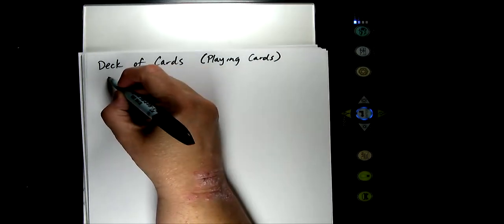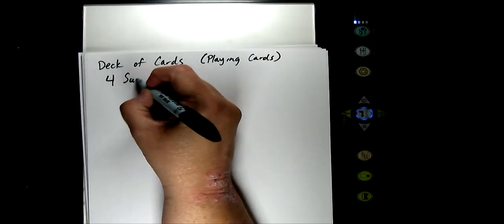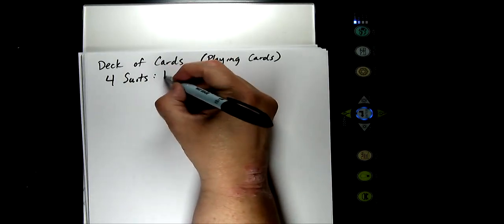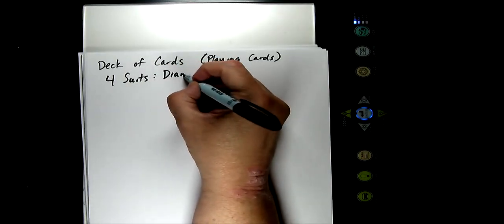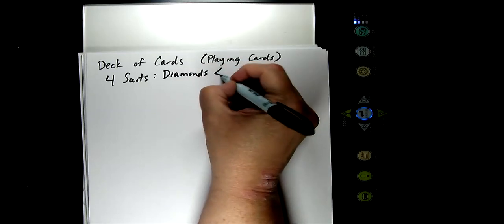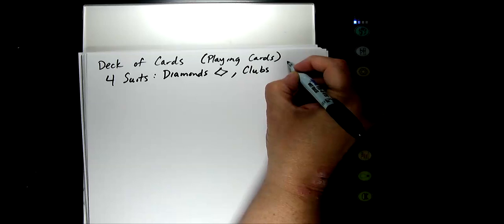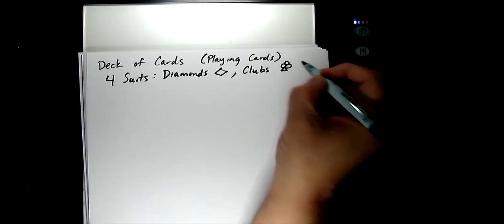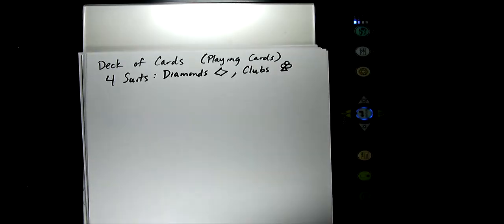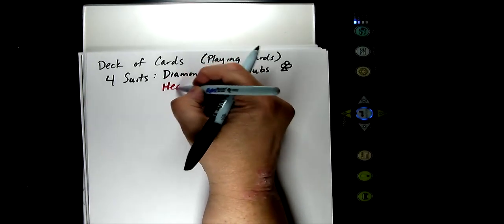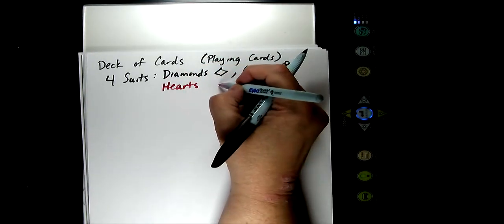There are 4 suits. We have our diamonds. We have our clubs that look like a 3-leaf clover. We have hearts, which look like a heart.